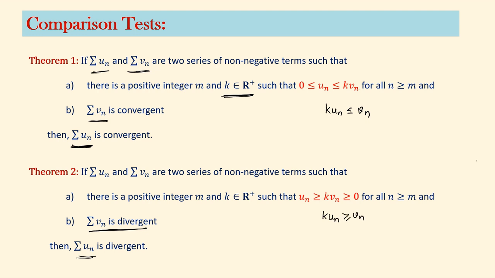So in this case, if summation vn is convergent, then summation un is also convergent. In this case, if summation vn is divergent, then summation un is also divergent. So this comparison test we will use to prove the limit comparison test theorem.